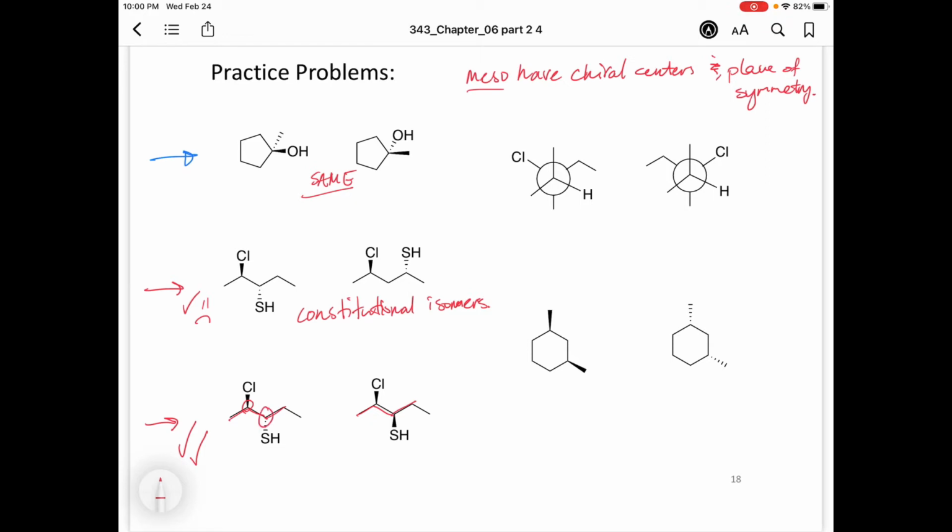The only difference is this sulfur group. So we've only switched one of the chiral centers. I'm going to circle this chiral center in green. So there is only one switch. If at least one of the stereocenters is switched and the others are the same, these would be diastereomers.